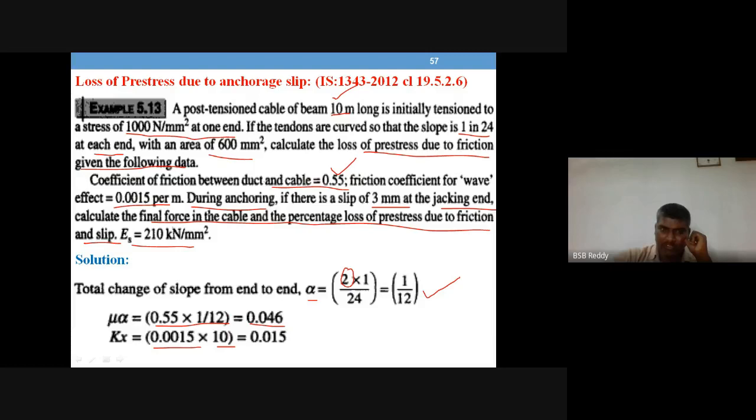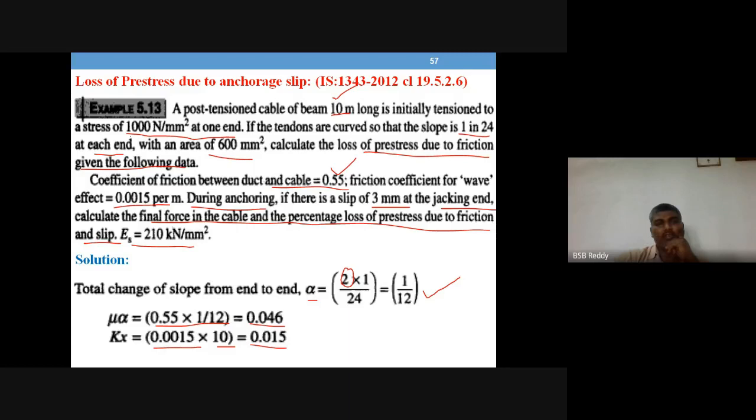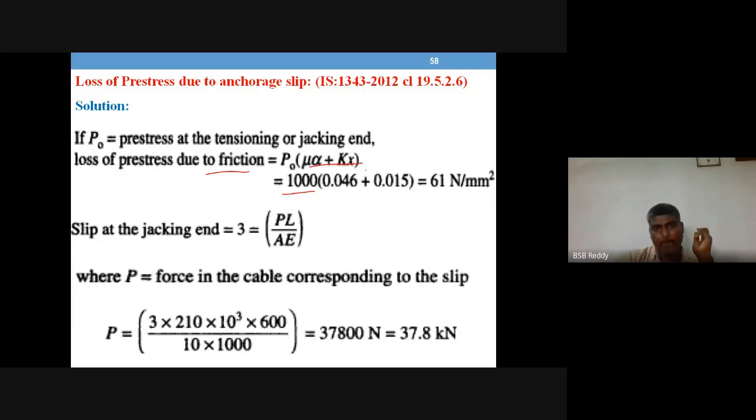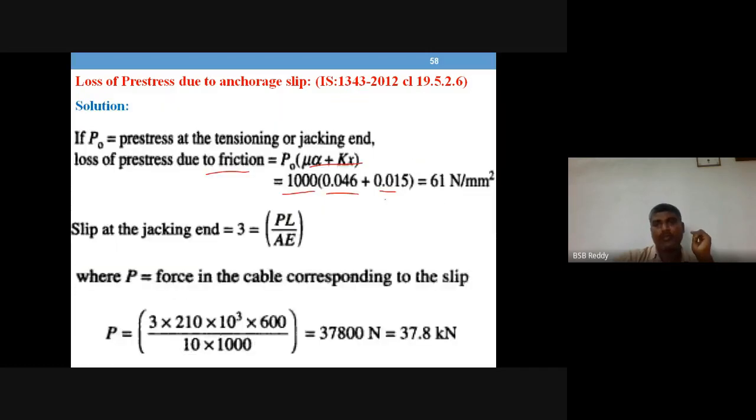Substitute in meters because K is per meter. So that is this value. Substitute in this: loss of pre-stress is P naught times (mu alpha plus K x). 1000 is the P naught value, whatever stress is induced at the jacking end. You substitute these values, and you get 61 Newton per mm square as the loss of stress due to friction.